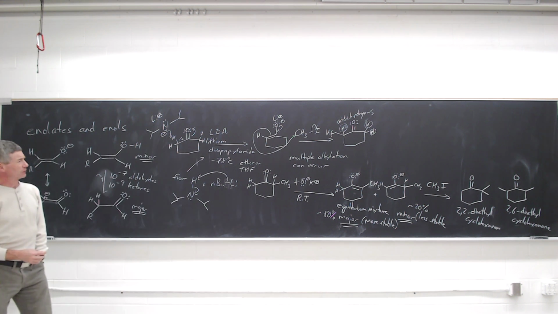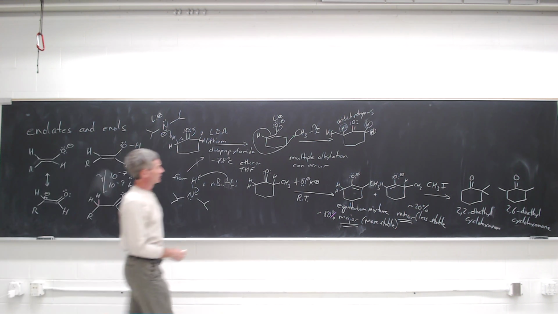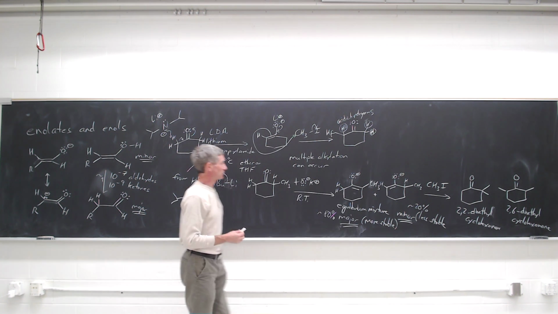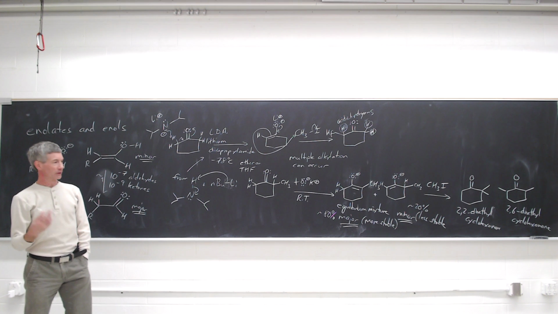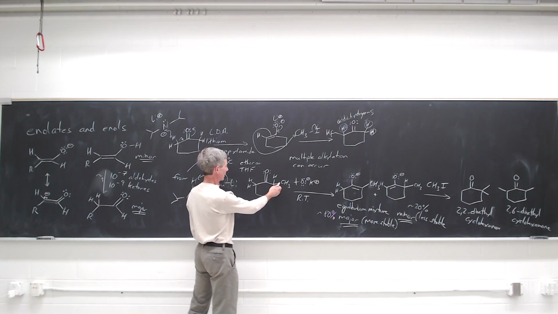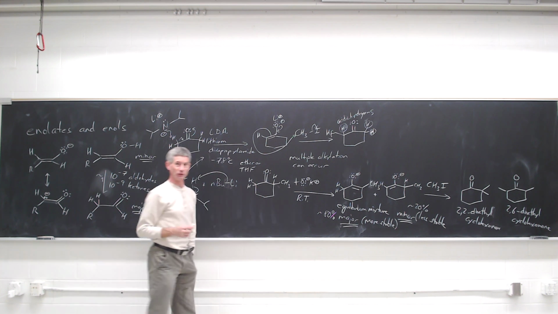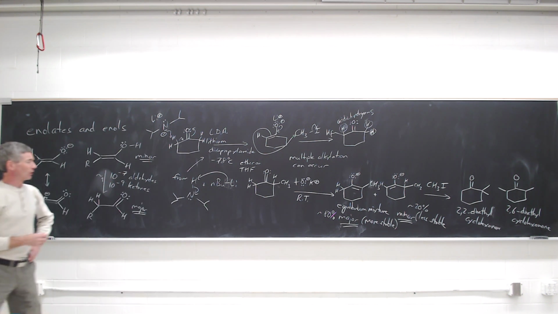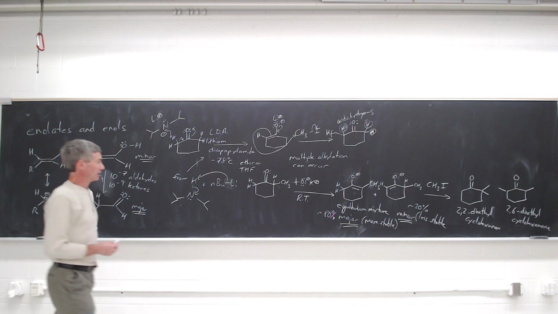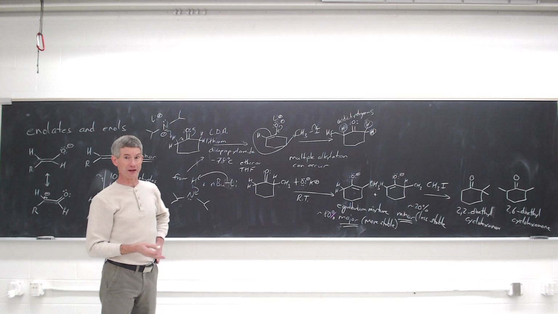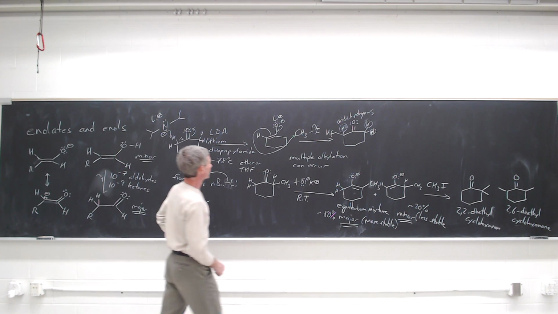That's not particularly useful synthetically, right? To have multiple alkylation or to have a mixture of different alkylation products where your product of the initial alkylation can then react further to give either a 2,2 or 2,6 product. So if we're going to use this synthetically, we're going to have to use some rather special conditions in order to make sure that we get what we want.